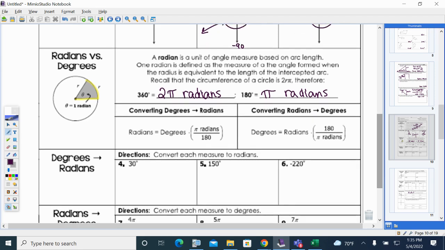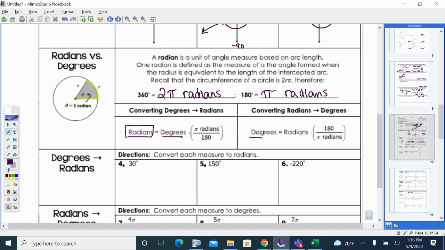There are 2 formulas here that you need to be familiar with: converting degrees to radians and also converting radians to degrees. So to get radians, you're going to take the degree measure and multiply that by pi radians over 180 degrees.